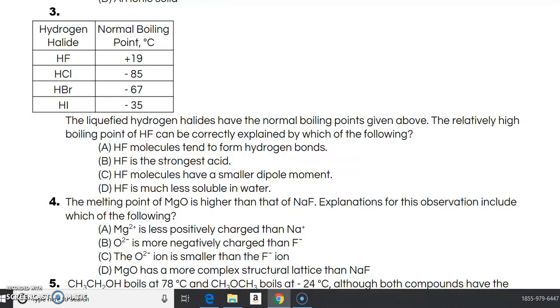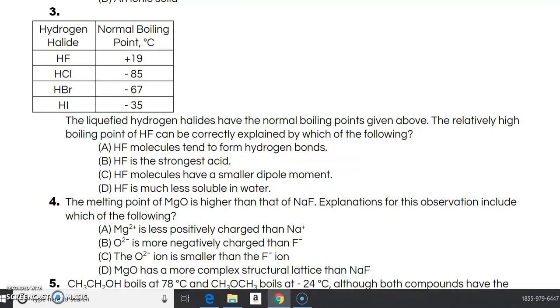We also know that hydrofluoric acid is a very dipole acid. That fluorine is so electronegative, it creates a high dipole moment, so C cannot be the answer. And we also know that hydrofluoric acid is used in a lot of cleaning substances and in etching glass, so D cannot be the answer.